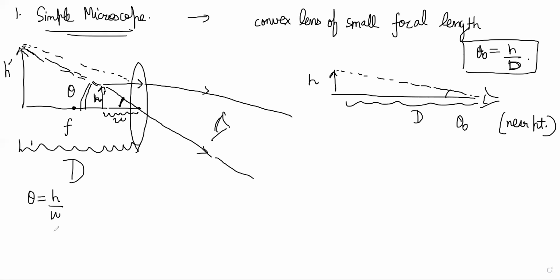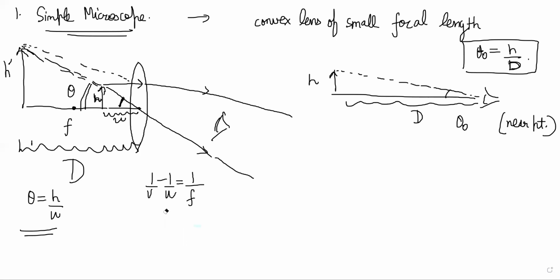Theta is h by u, and u you can solve because we have the convex lens formula, 1 by v minus 1 by u is equal to 1 by f. And here u is negative, v is negative, f is positive. So 1 by v is equal to 1 by f plus 1 by u, and we have to find u.